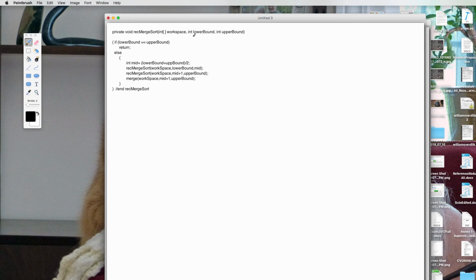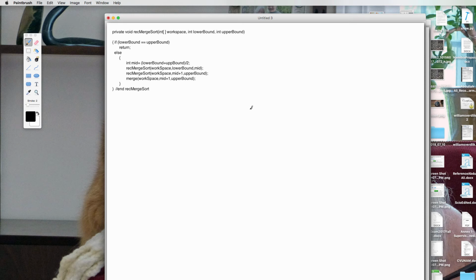And there is a lower bound and an upper bound. And basically the idea is if lower bound is equal to upper bound, return, there's nothing to do. Otherwise, we find a midpoint and we recursively call recursive merge sort on the lower half and the upper half.